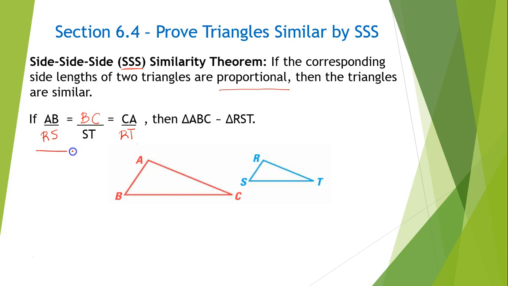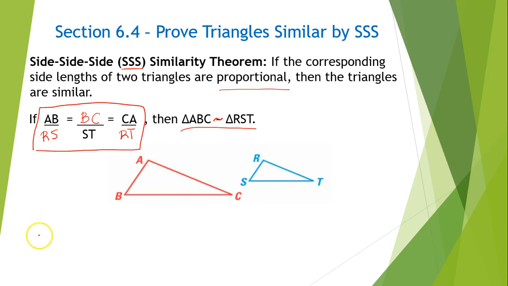If we can show that this proportionality is true, that all of these proportions are equal to the same number, like the fractions reduce to the same number, then we can state that the two triangles are similar. And that's what this little symbol is right here. I know it didn't print out very well, but it's a similarity statement there.